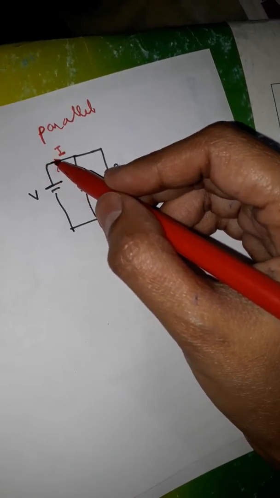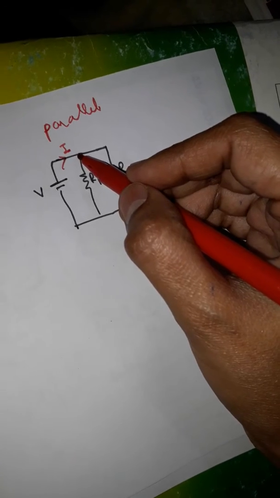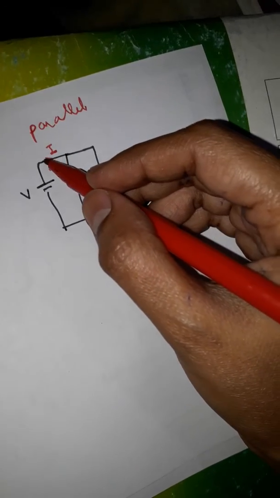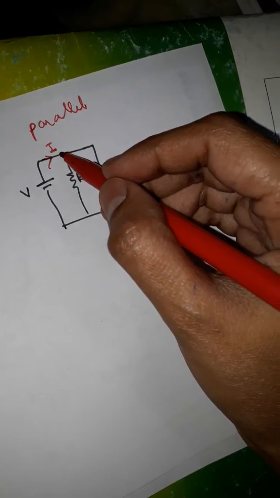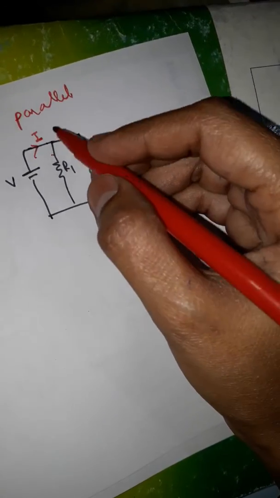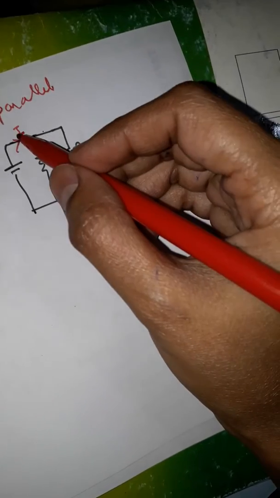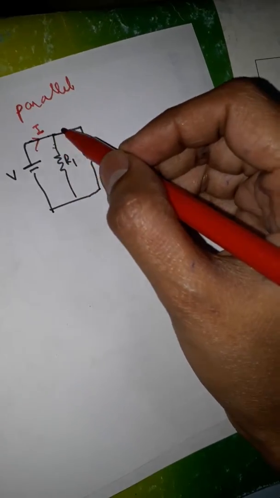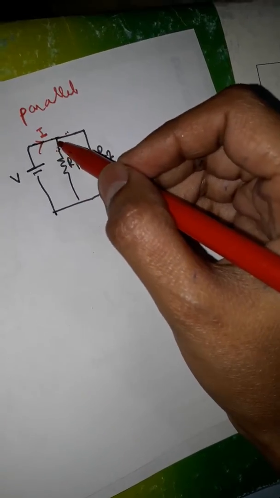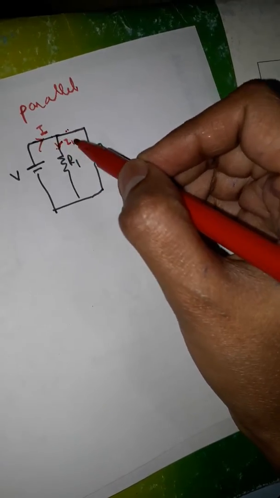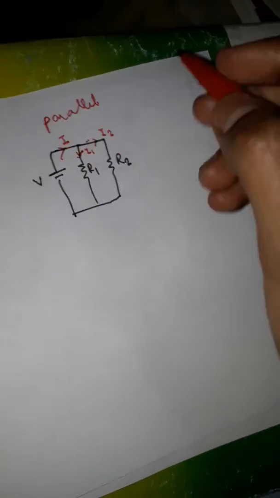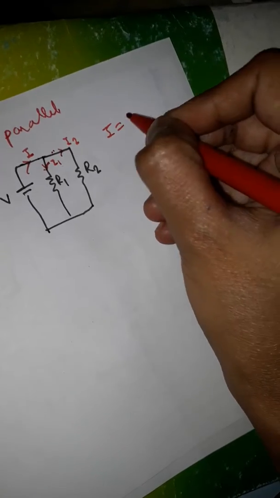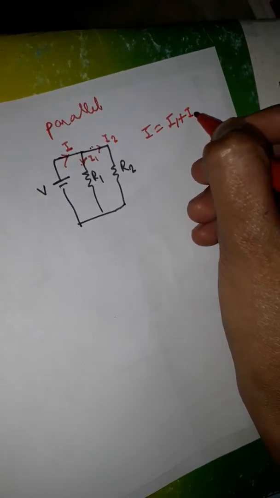Now current starts flowing from here. Here current gets two ways. You can say if a person is moving from here, he finds two ways, two roads. So current will split itself in two ways, I1 and I2. This I will be equal to the sum of these two currents, I1 plus I2.